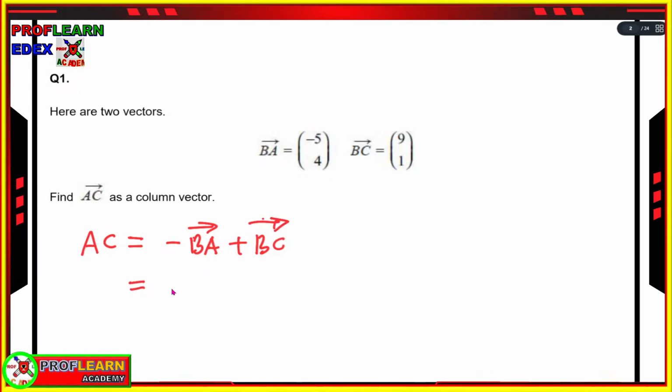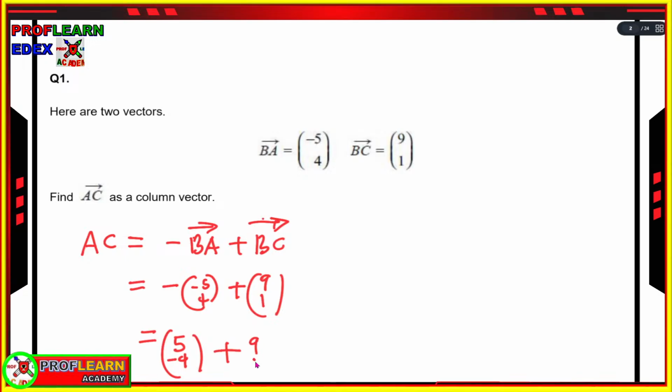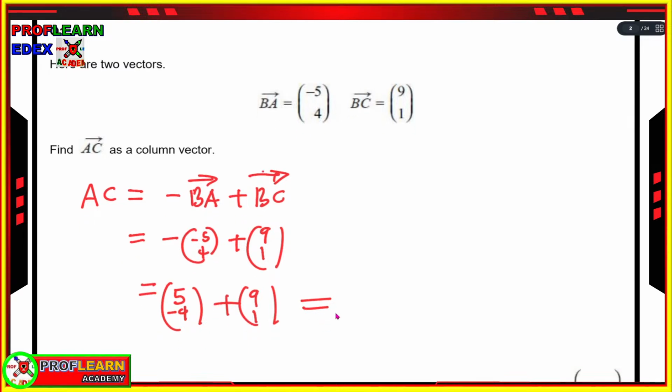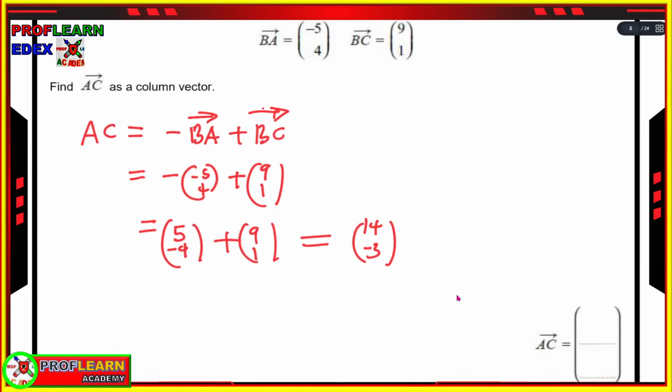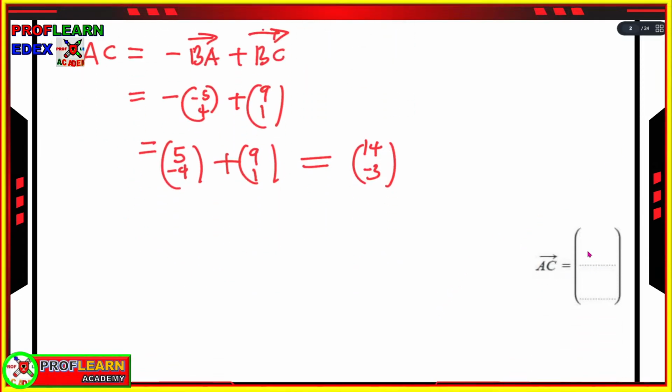So our answer is going to be negative of negative 5 4 plus 9 1, which is going to translate to positive 5 negative 4 plus 9 1. So if you work it out, we are going to get 5 plus 9 will be 14, and then negative 4 plus 1 would be negative 3.